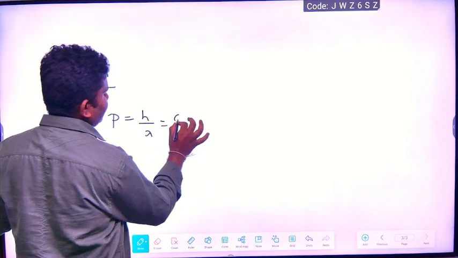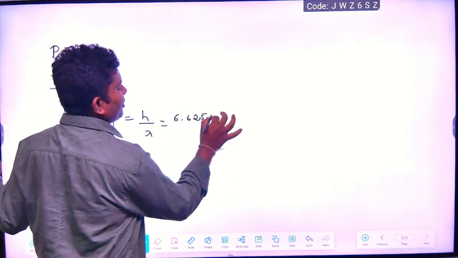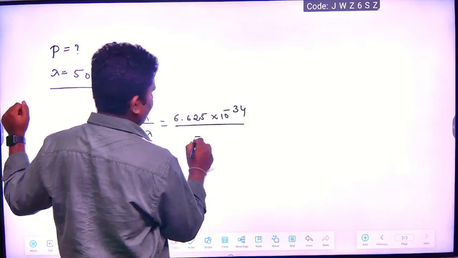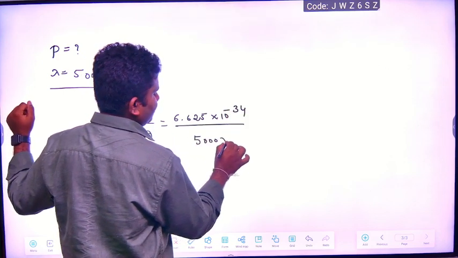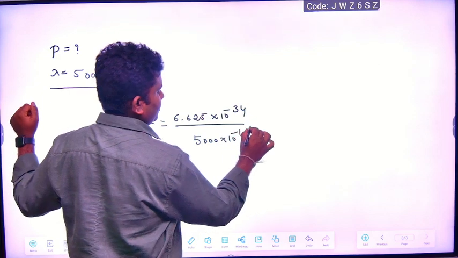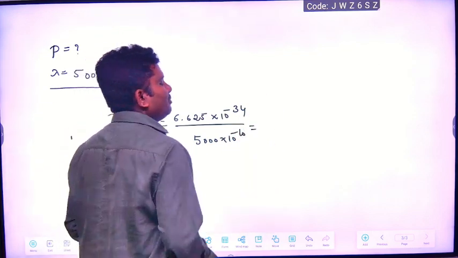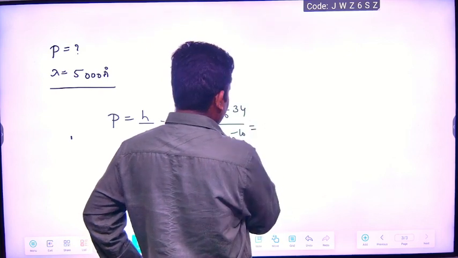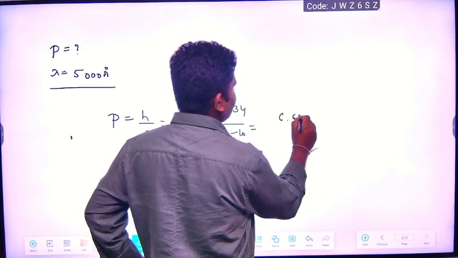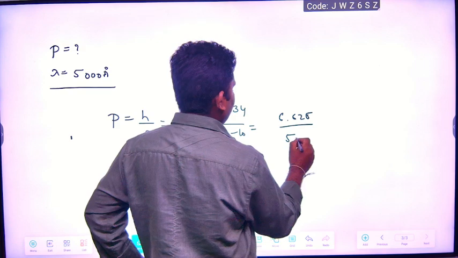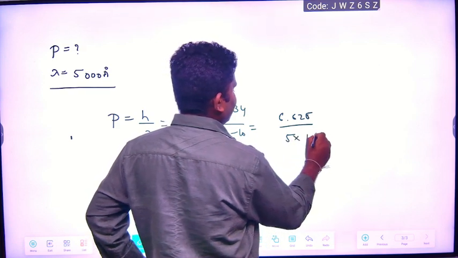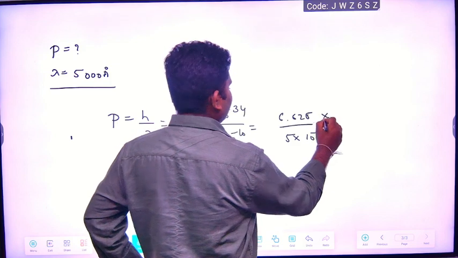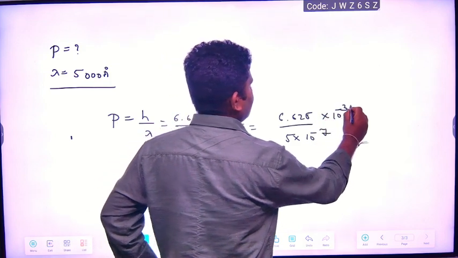H is 6.625 into 10 to the power of minus 34, divided by lambda, which is 5000 angstrom, 5000 into 10 to the power of minus 10. If you go up it will come plus 10, 34 minus 24. 5000 you can take 5. 6.625 divided by 5 into 10 to the power of minus 24.